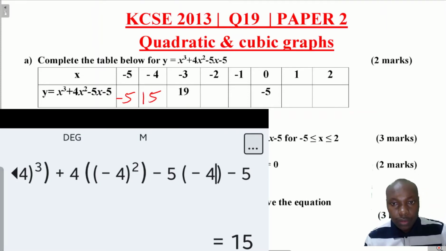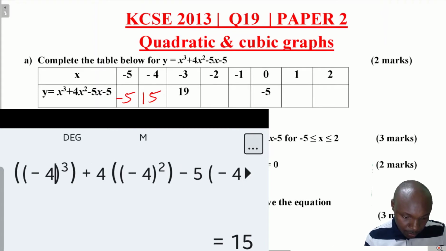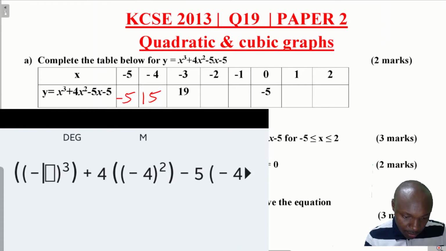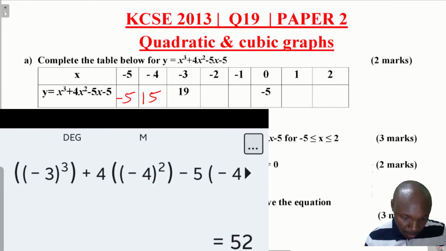The other one, now we can confirm this one for -3, just for the purposes of confirmation, to see whether we are working well. As you can see, it is 19.